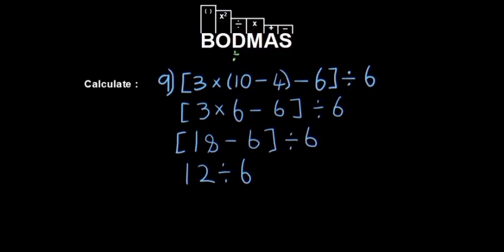So now all we have to do is to divide a 12 by a 6 to get a 2. Now this division is gone. All the operations are gone. So this is the final answer.